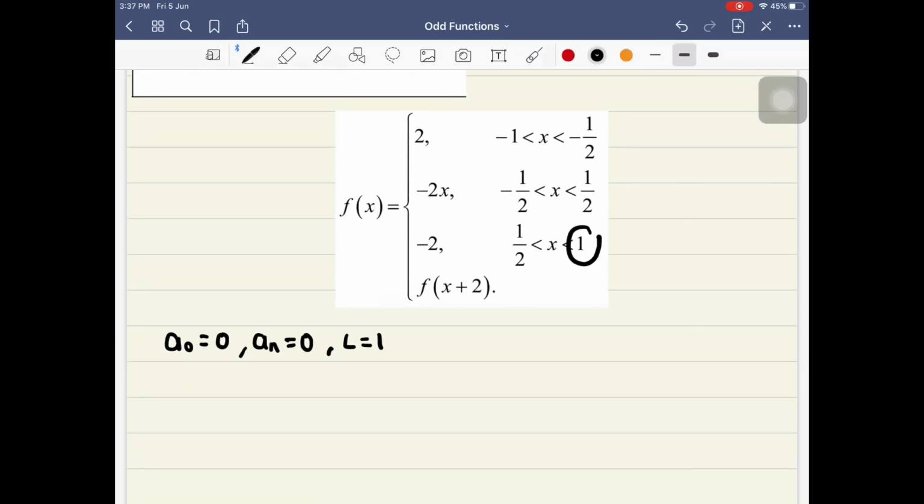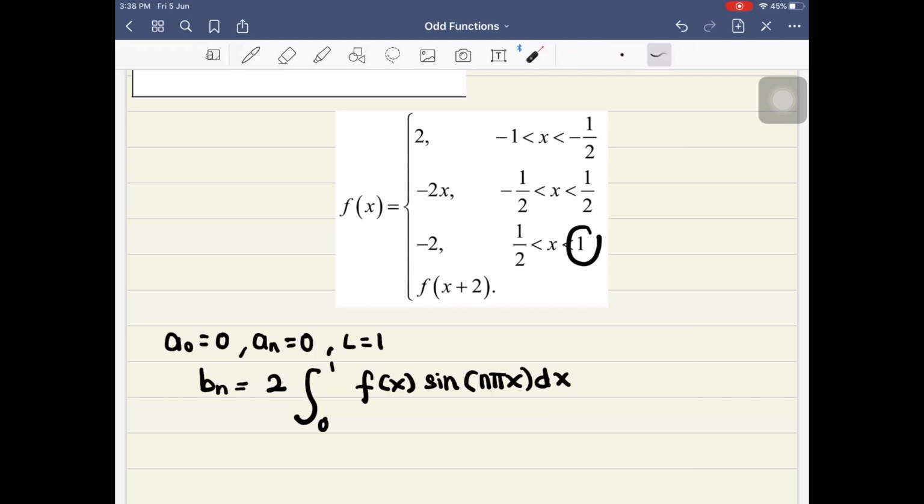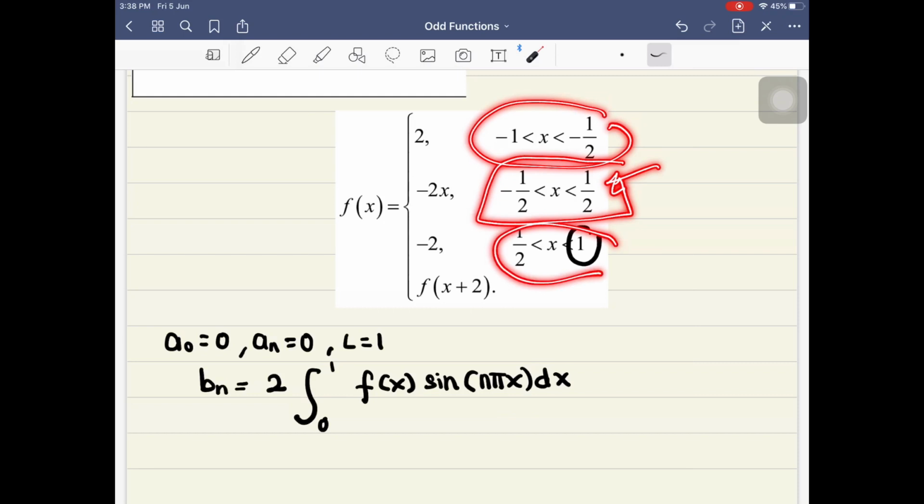So Bn is equals to 2 over L. So 2 over 1 is equals to 2. So integrate 0 until 1, fx sine n pi x, since your L is equals to 1. Okay, so take a look at your periodic function here. You need to find where is the value of 0. Refer to which interval, either this one or the second one or the last one.